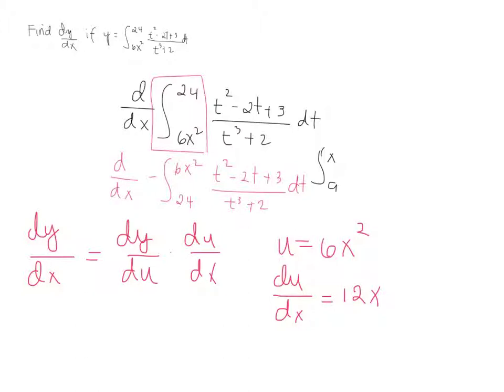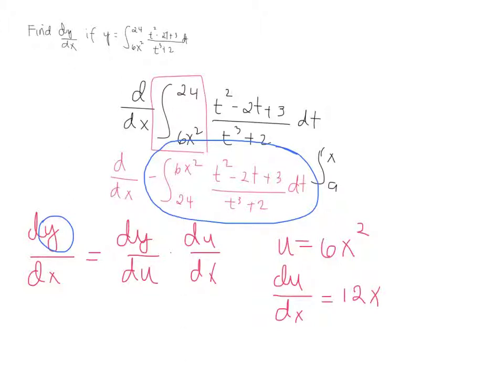Now the y in the formula is the whole negative integral from 24 to 6x squared of (t squared minus 2t plus 3) over (t cubed plus 2).